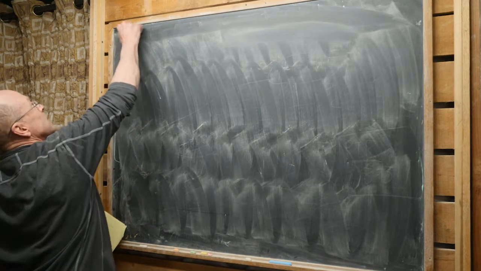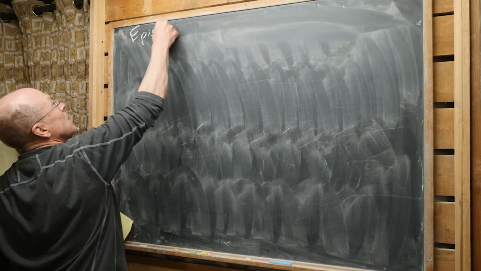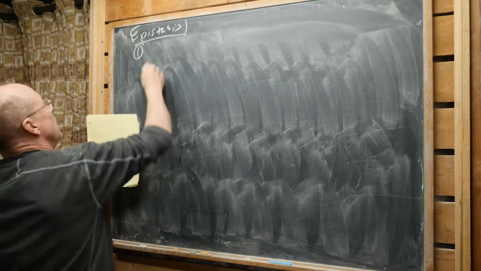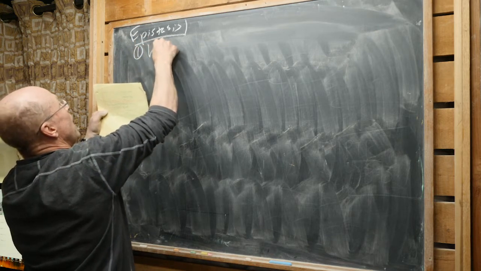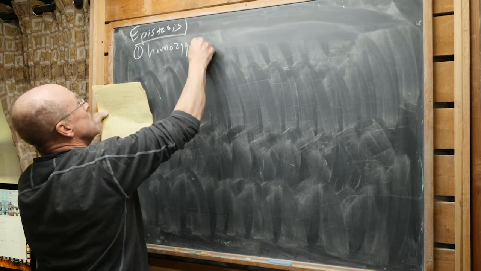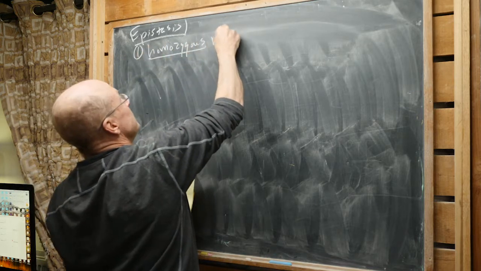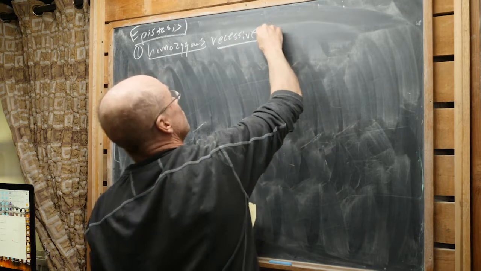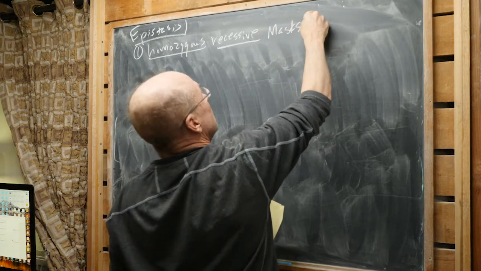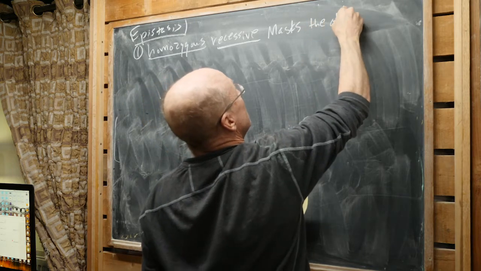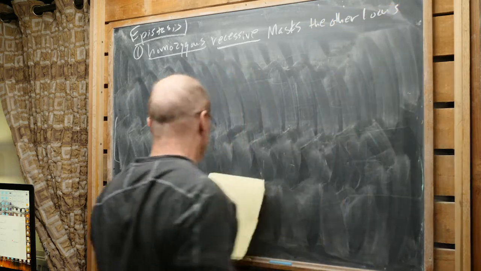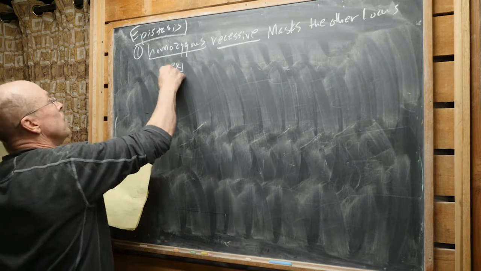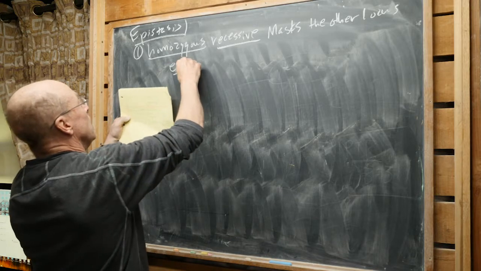All right. So epistasis. Our first example is going to be a homozygous recessive masks another locus, masks the other locus. Let's take a look at the cross. So here's our example.